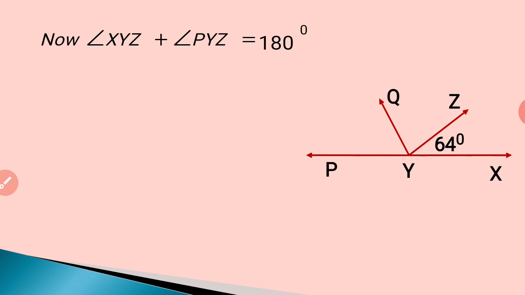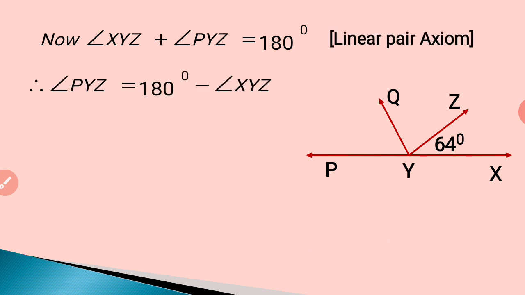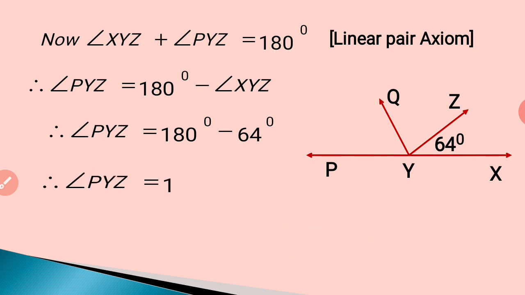So using the linear pair axiom, we will say that the sum is 180. This is how we can find out the measure of angle PYZ. Angle PYZ comes out to be 116 degrees.